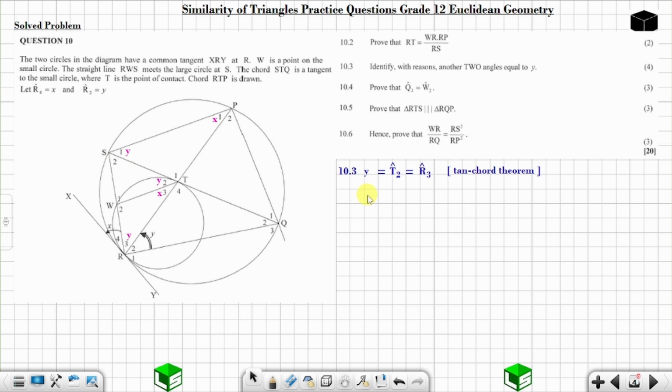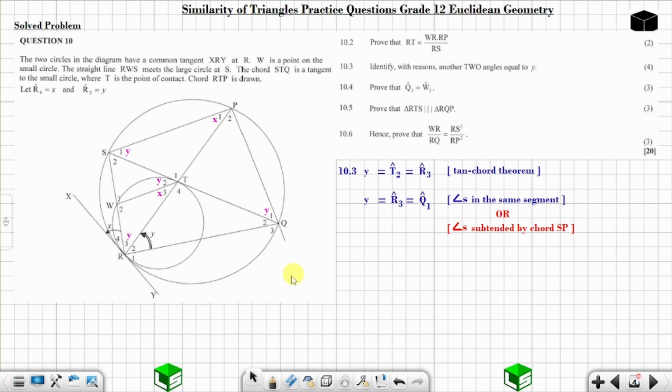So y is equal to angle R3. This is equal to angle Q1. The reason is you have angles in the same segment, or you can say angles subtended by chord SP.